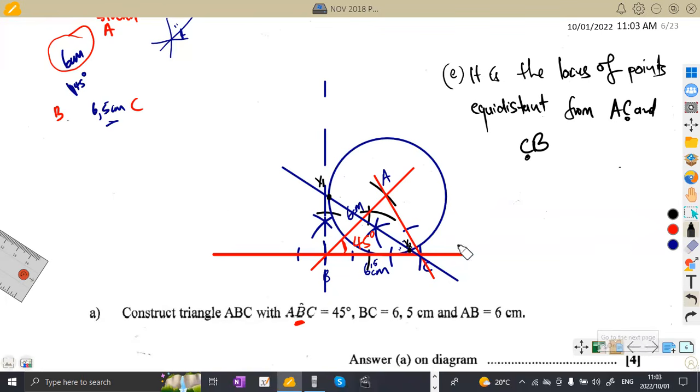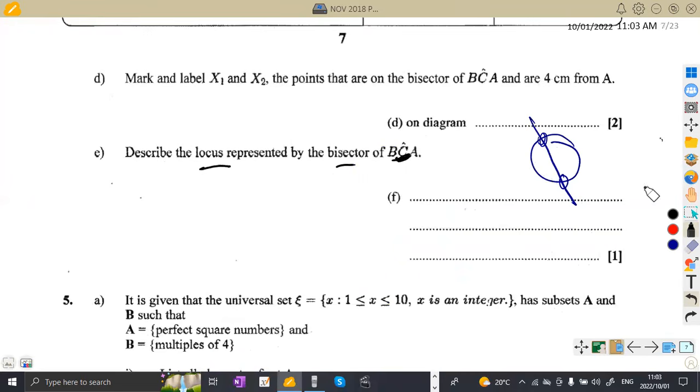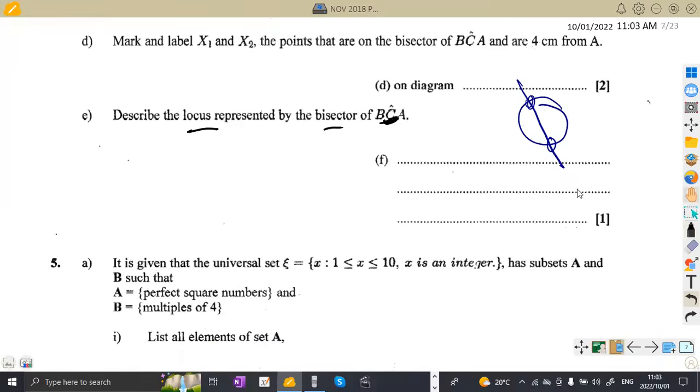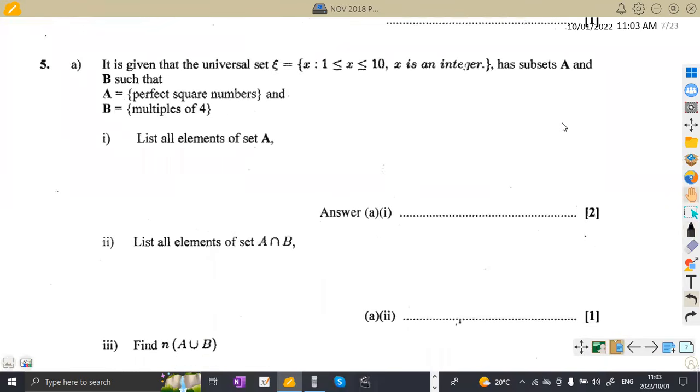Anyways, let us see the other part of the question, which is now question 5. It is given that the universal set is of elements from 1 up to 10. So take note, it is starting directly at 1 because it's greater than or equal to 1, less than or equal to 10, and x is an integer, which means we're talking about positive numbers. And we've got subsets A and B such that A is a perfect square, B, these are multiples of 4.